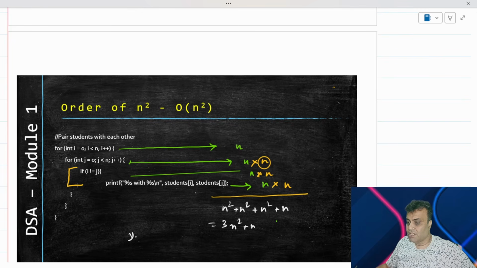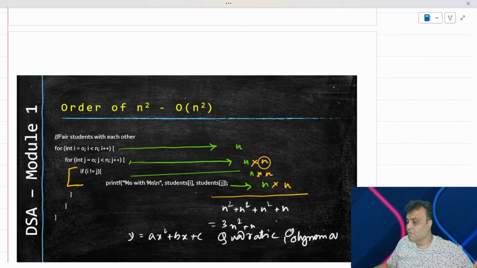Now, can we say that this is looking like ax square plus bx plus c, which is what? A quadratic equation. So now we are changing our class, right? Quadratic polynomial. So this is a new class that we are now seeing. So what is x? x is equal to n. What is a? a equal to 3. Right?